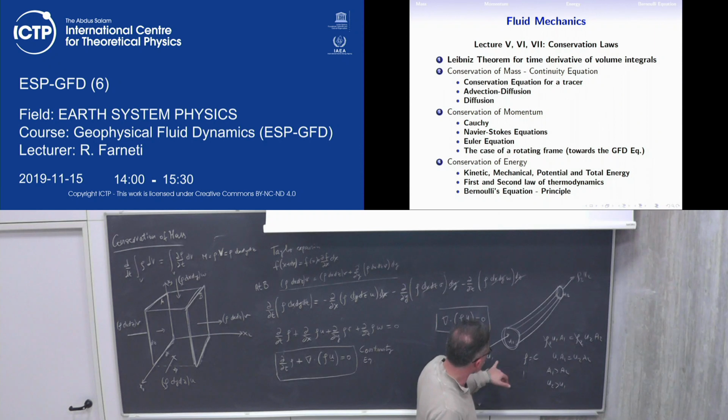Let's suppose that density is constant along the streamline. Nothing happens along the streamline in the stream tube, which is a good approximation. So if ρ1 is equal to ρ2, then U1 A1 must be equal to U2 A2. So in this case A1 is much larger than A2, so U2 is larger than U1.